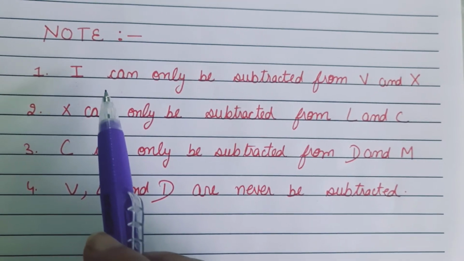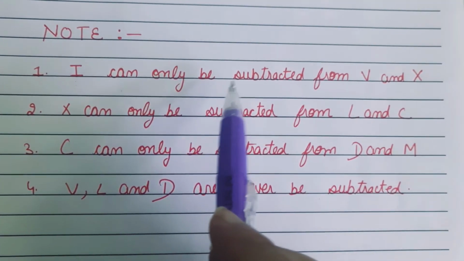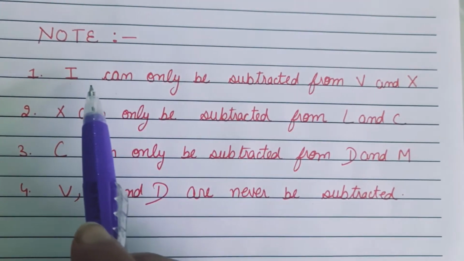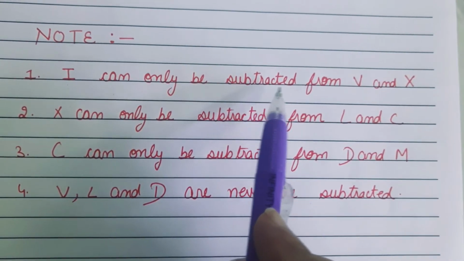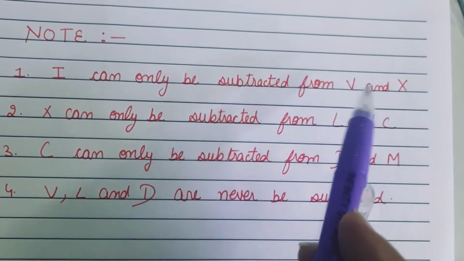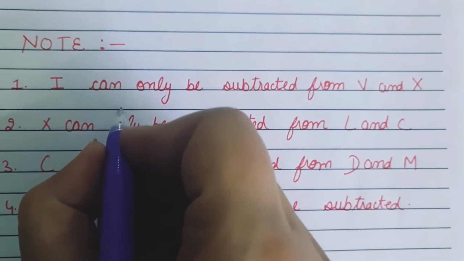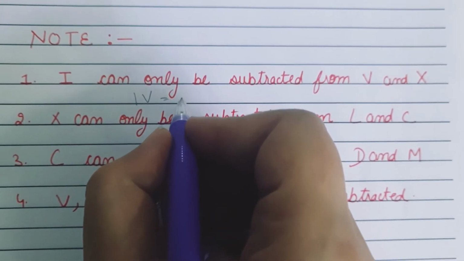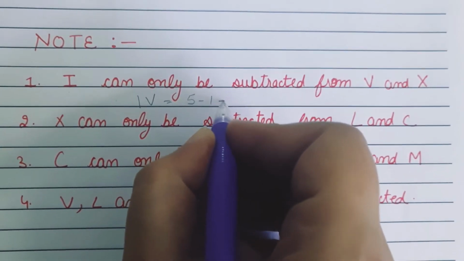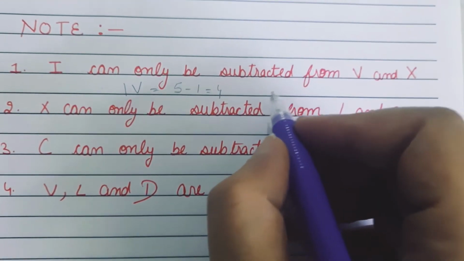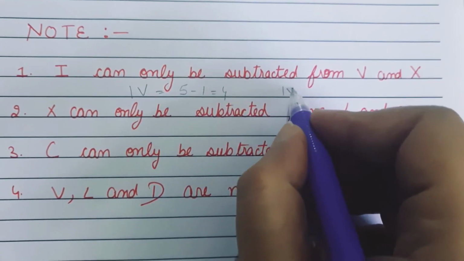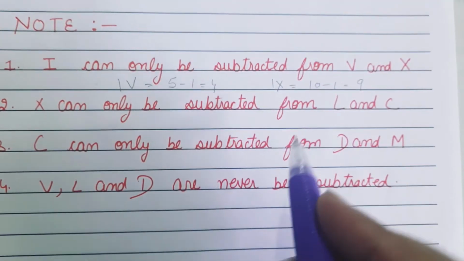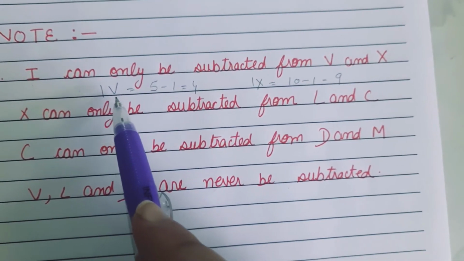The first point is that I can only be subtracted from the V and X. Like if I write IV, it is 5 minus 1 equals 4, and if I write IX, it is 10 minus 1 equals 9.